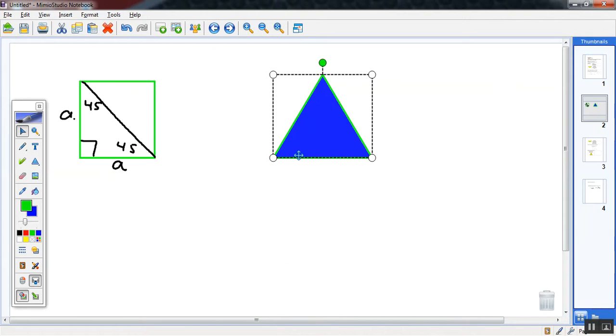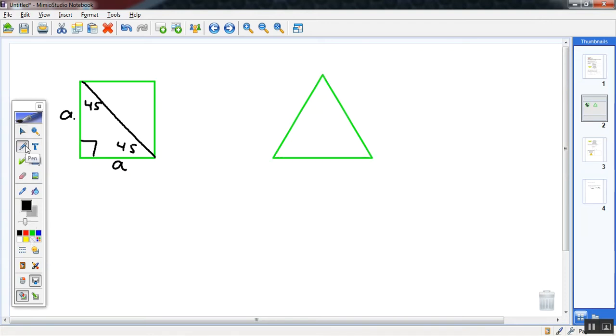All right, so if that's equilateral, what does that mean about all the angles inside? What are those angle measures inside? How much? So if I call this 60 degrees, this 60 degrees, and this 60 degrees. Let's just pretend that this is A, and this is A.